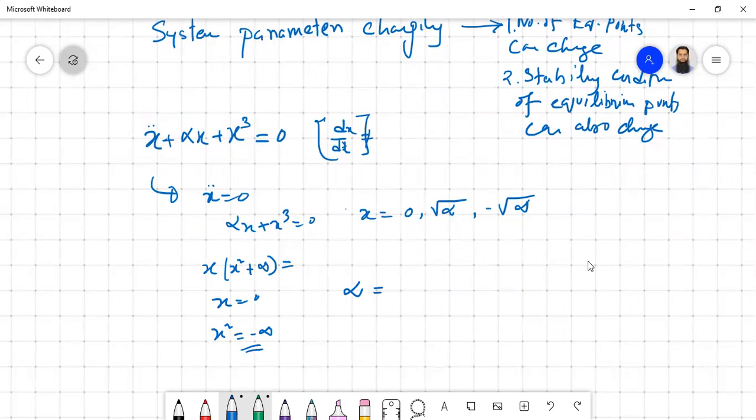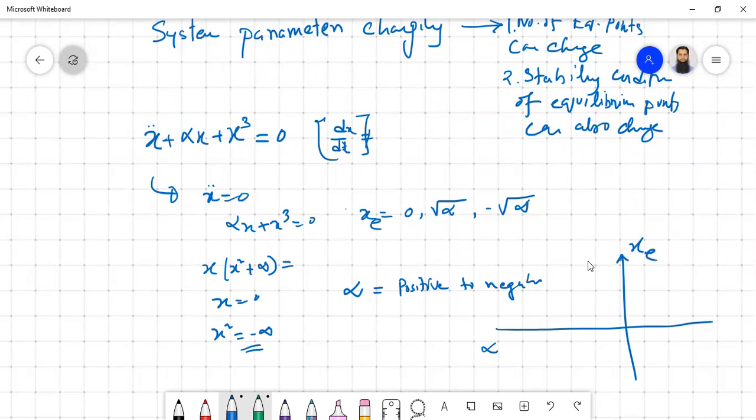So if you take the range of alpha from positive to negative, with alpha on this axis and the equilibrium point x on the other: if the value of alpha is positive, since it cannot take any imaginary value, there is only one equilibrium point at 0.